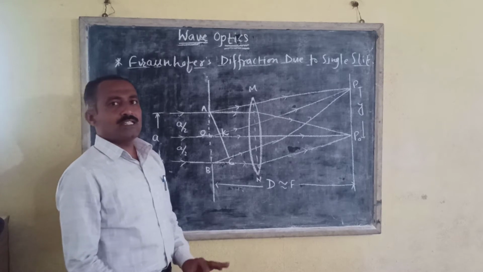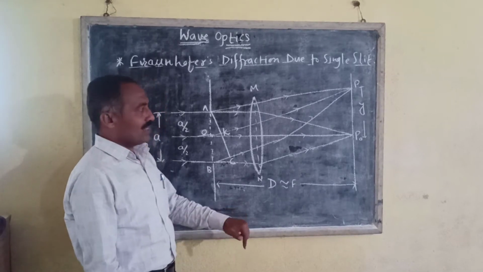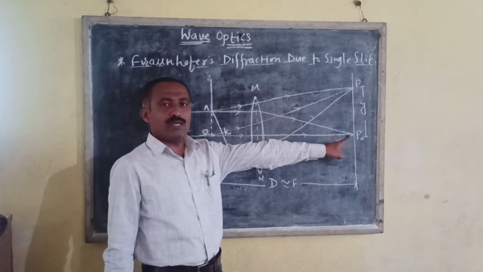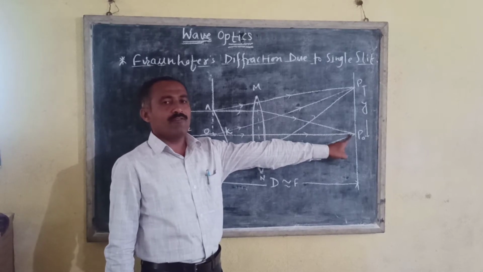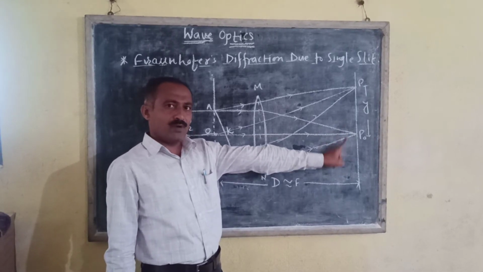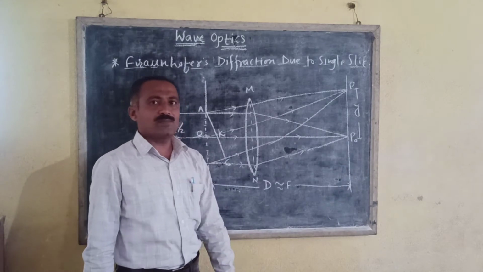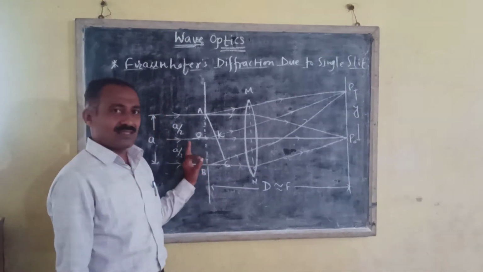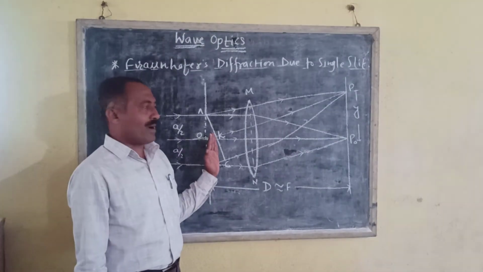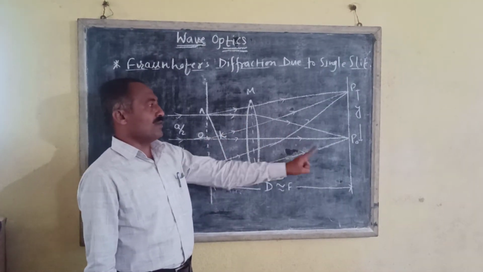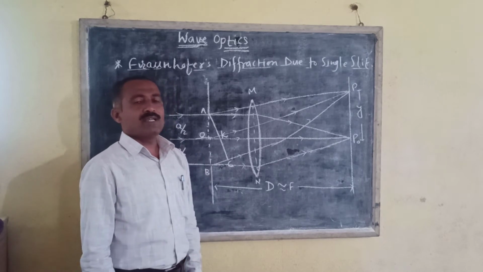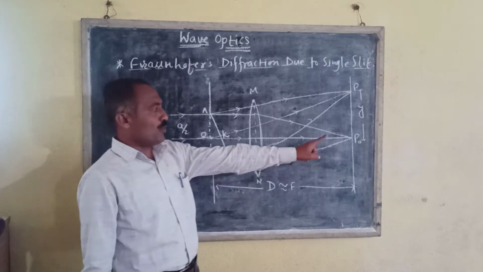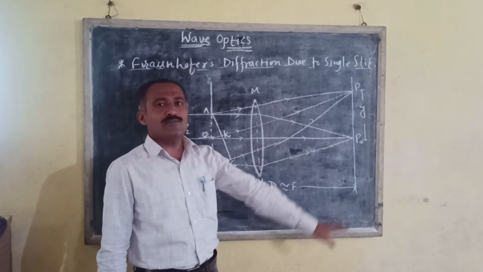That is, there is no path difference between all the waves arriving at point P0, and hence the wavelets reaching P0 are in the same phase.